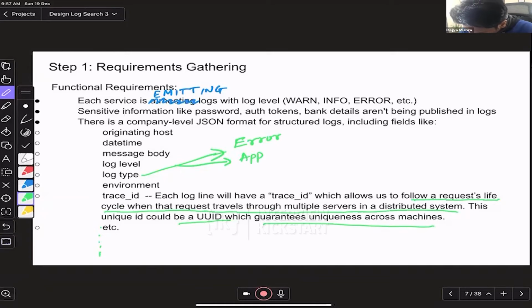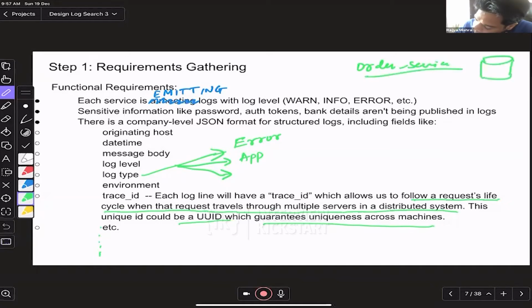Even this log search can have logs coming from the database also. Let's say this order service is a microservice. That means it will have its own database also. Now something weird happened, some bug came.